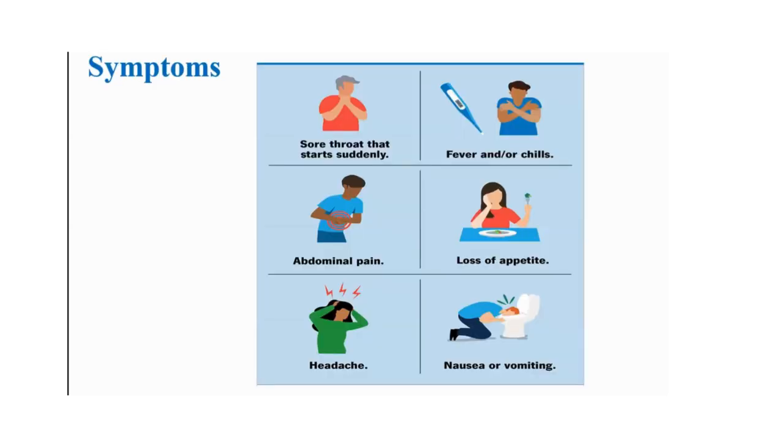These are some of the symptoms. Early strep throat symptoms include a sore throat that starts suddenly, and inflammation of the throat. Other symptoms are fever and rigor, that is chills, severe headache, loss of appetite, abdominal pain, nausea, and vomiting.